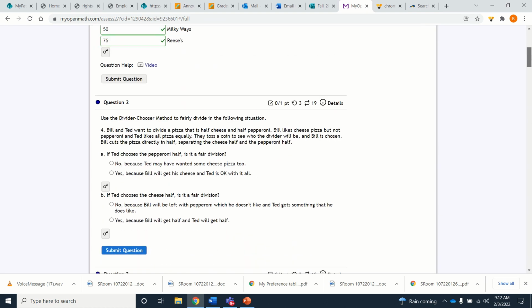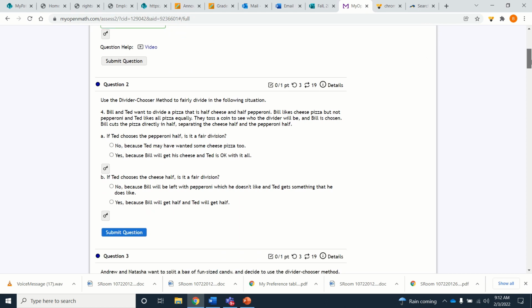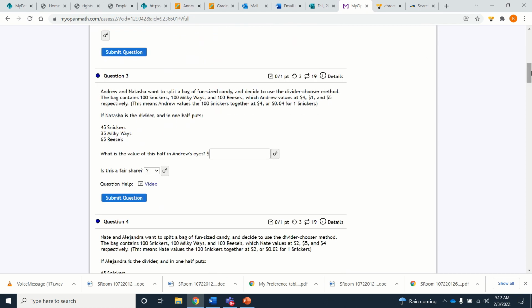All right. Now your next one was 3. Andrew and Natasha want to split a bag of fun-sized candy and decide to use the divide-or-chooser method. The bag contains 100 Snickers, 100 Milky Ways, and 100 Reese's, which Andrew values at $4, $1, and $5 respectively.